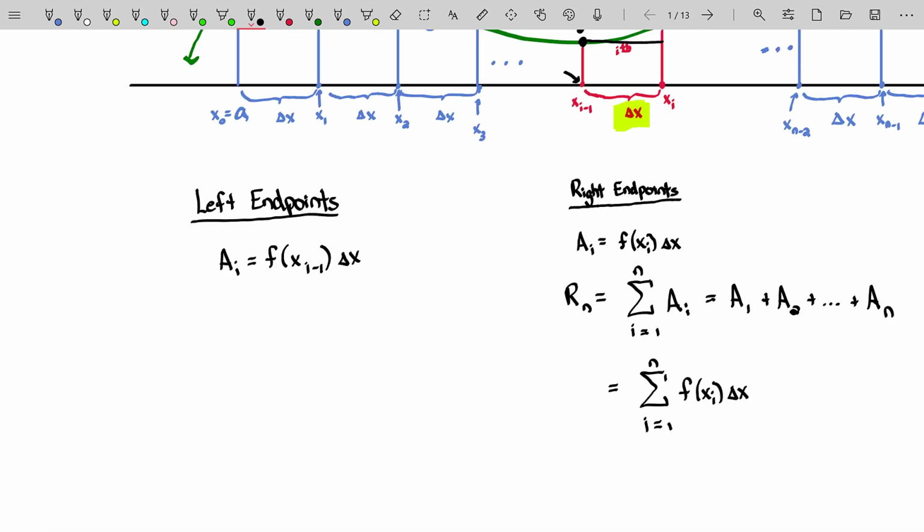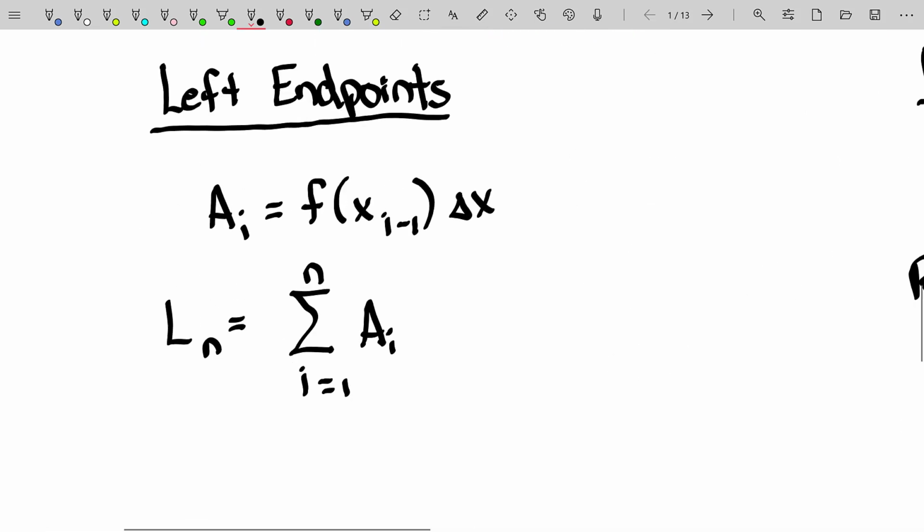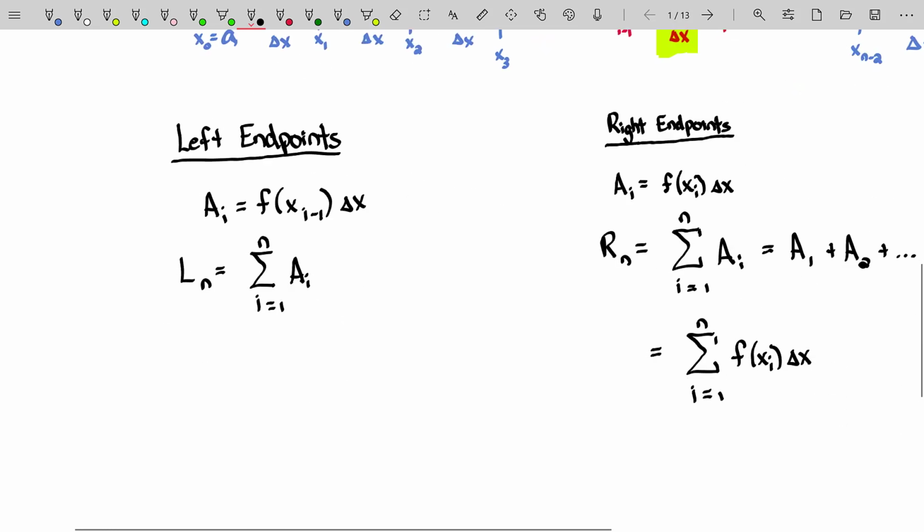And we would just want to add up, just like we did before, all these areas from area 1 to area n. Of course, we know the formula for a sub i is slightly different than had we used right endpoints. If you're using left endpoints, it uses the left endpoint.